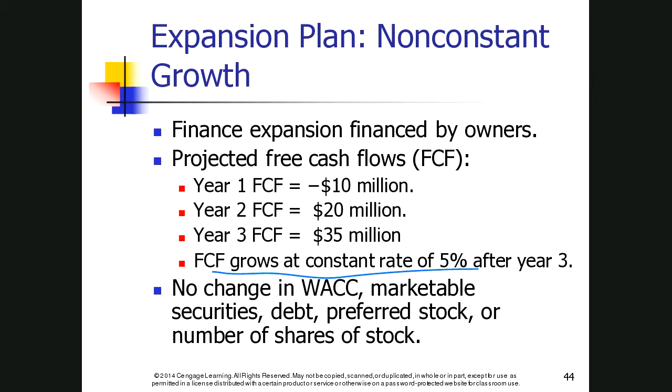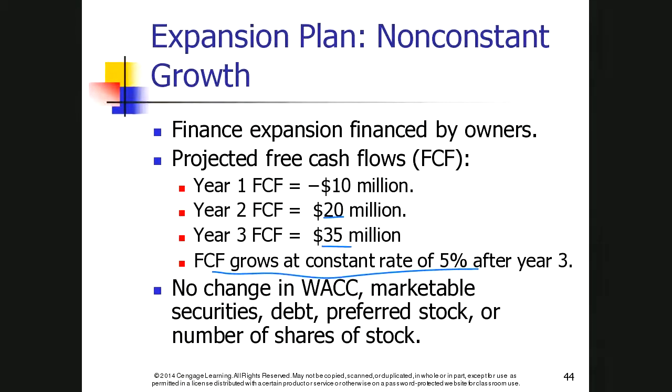The first year, you're actually going to be negative. You can lose money. Second year, you can have 20 million. Third year, you can have 35 million. So here, I'm not even telling you the growth rate. I'm just telling you what the free cash flow will be, which is even easier. Then after the third year, it's going to grow at a constant rate of 5%.